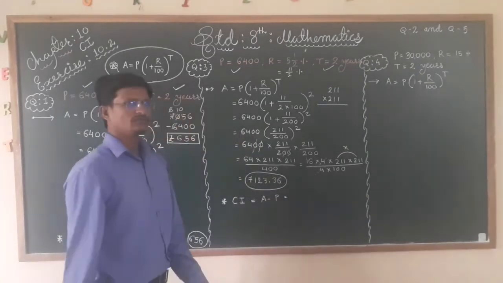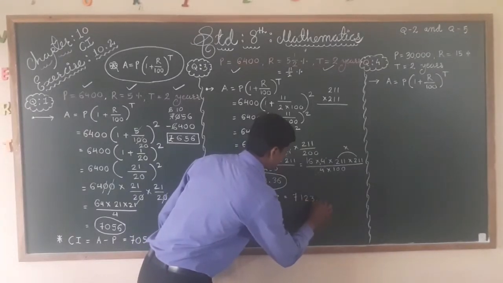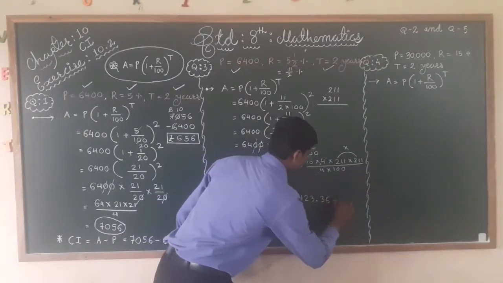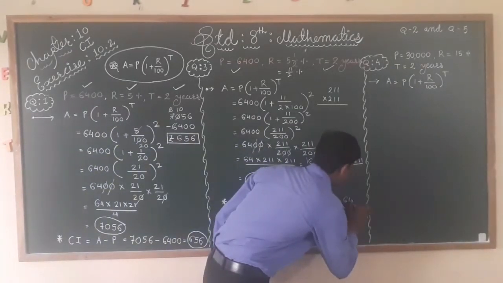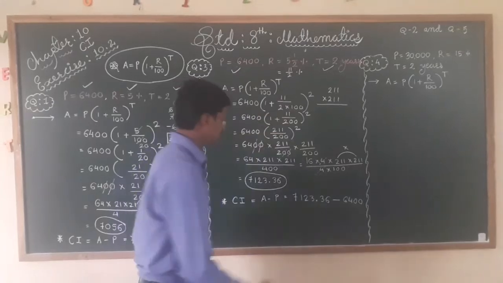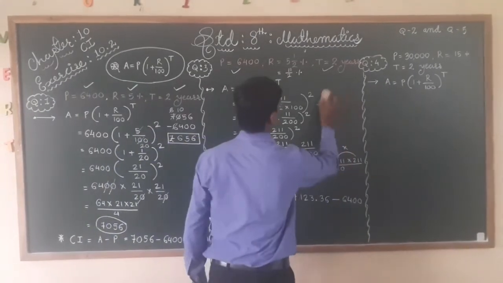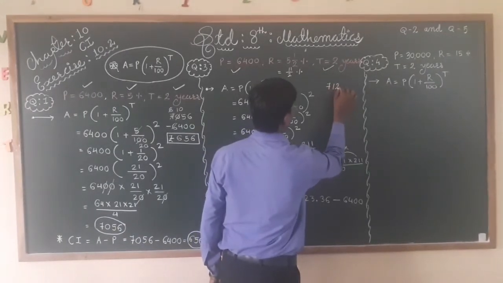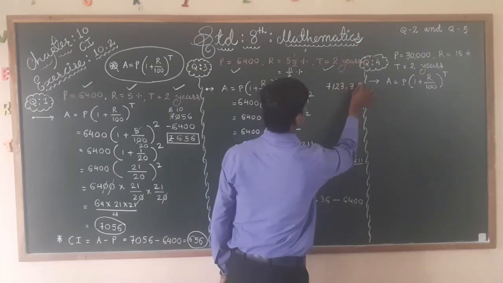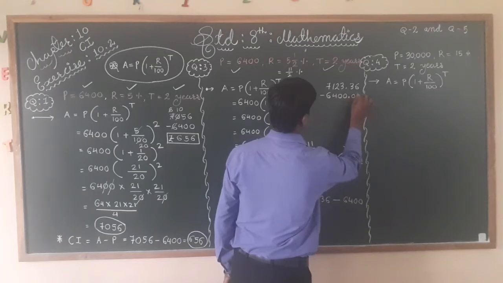So A value we got from here, 7,123.36 minus our original principal, that is 6,400. So here when you do subtraction, 7,123.36 minus 6,400, you will get answer.